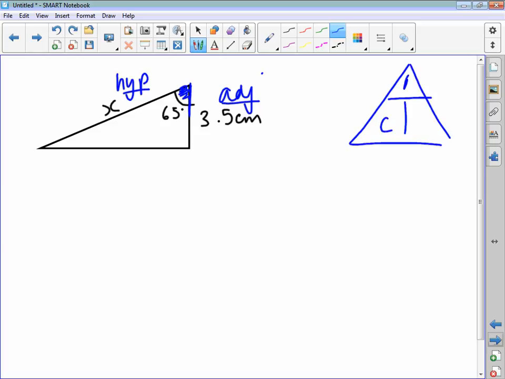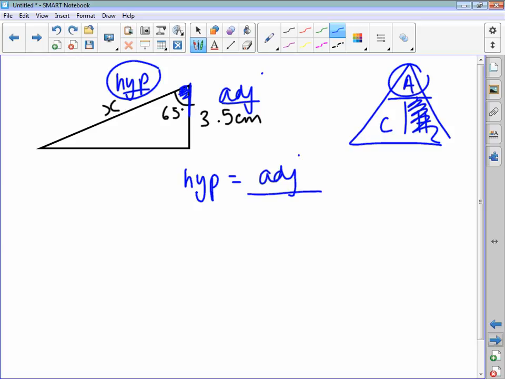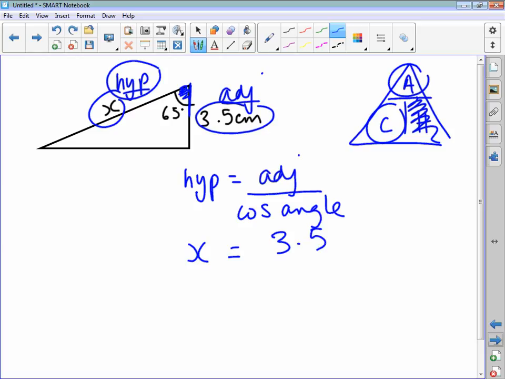So cosine of the angle is equal to the adjacent divided by the hypotenuse. The thing we're trying to find is the hypotenuse, so we cover that up on the formula triangle, and we write down the hypotenuse is equal to the adjacent side divided by cosine of the angle. The hypotenuse is x, so x is equal to the adjacent side, which is 3.5, divided by cosine of 65, because that's the angle.